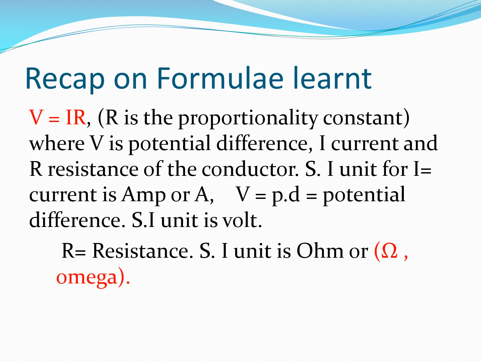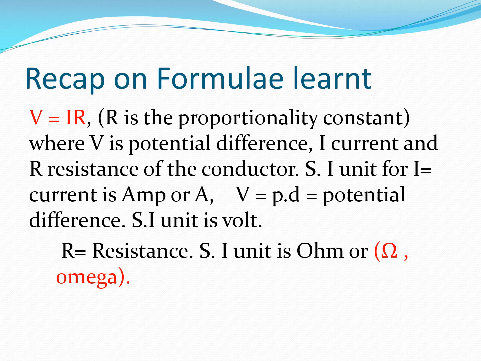Second formula we learned, R is equal to rho L by A, where R is the resistance. Already we have learned that. L is the length of the conducting wire. A is the area of cross section. Length is measured in meter and area of cross section is measured in square meter. So if you get the length in centimeter, you need to convert it into meter.